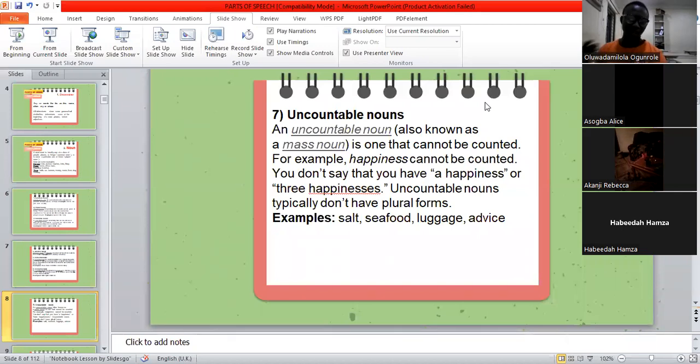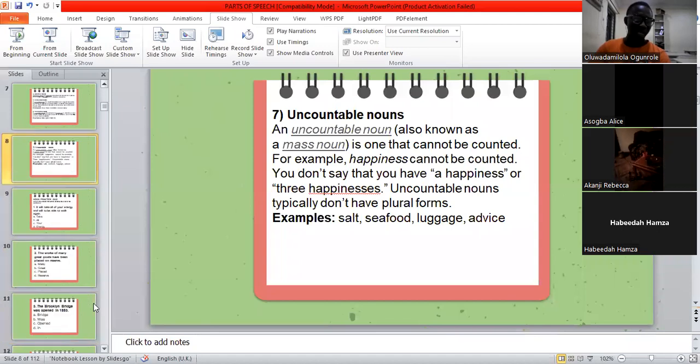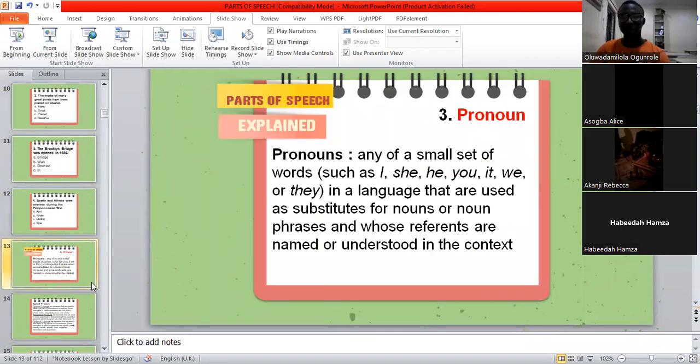So I believe you've been able to get 1 or 2 things about the noun. Because of our time, quickly, we'll move on from noun to the next one, which is the pronoun. The pronoun is any small set of words, such as I, she, he, and other examples as listed in a language, that are used as substitutes for nouns.